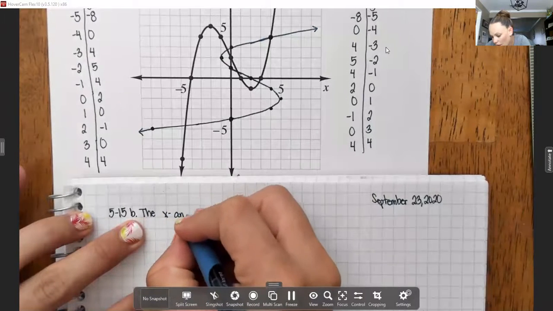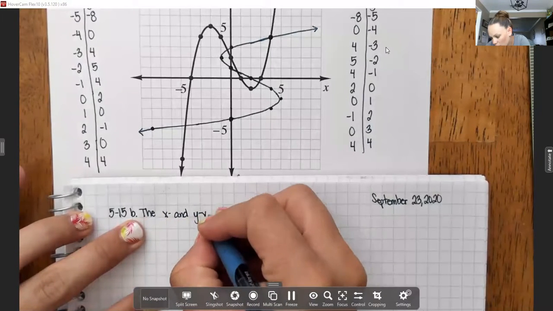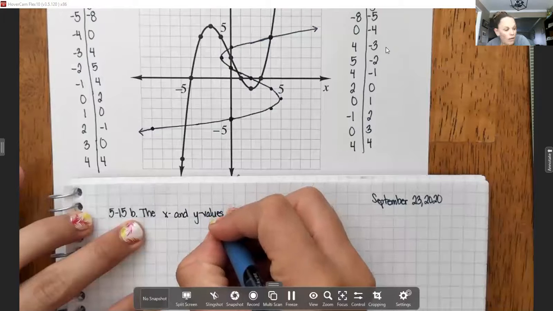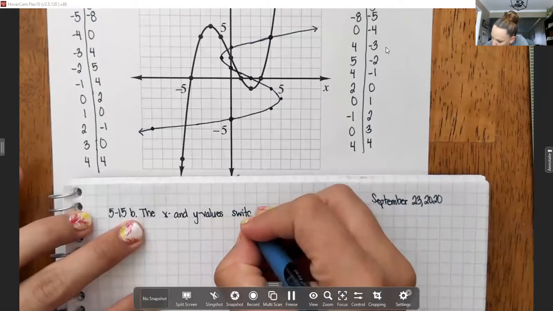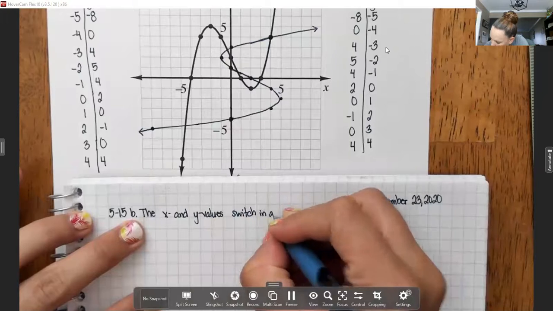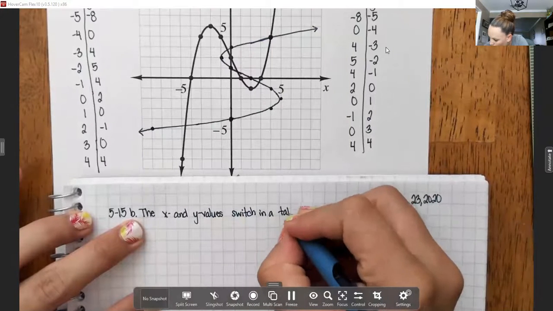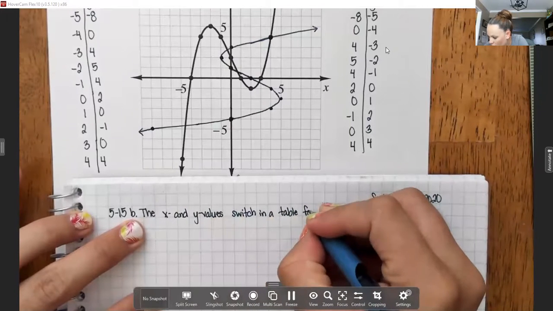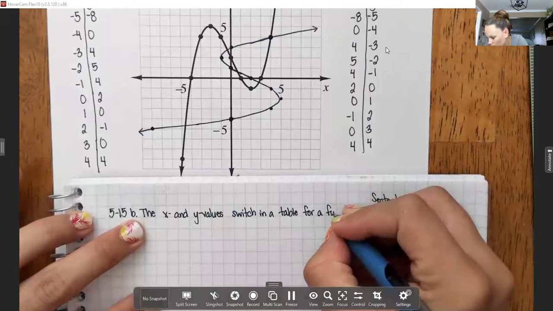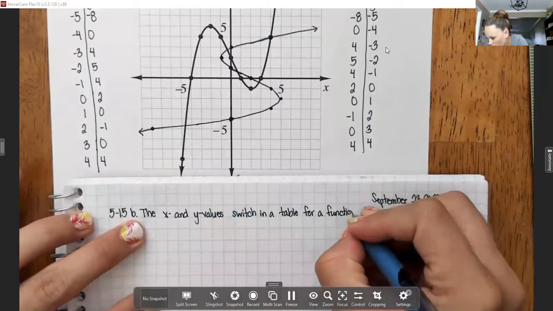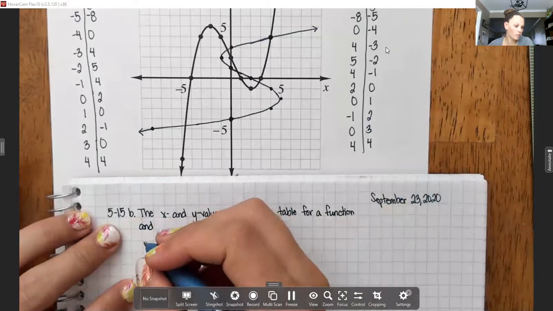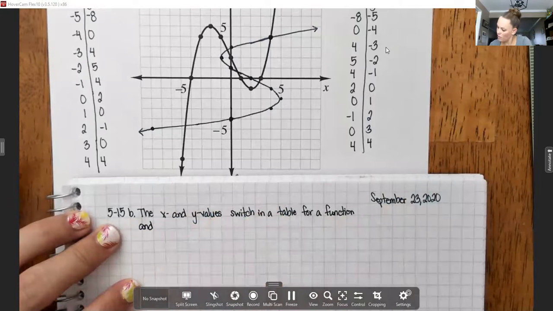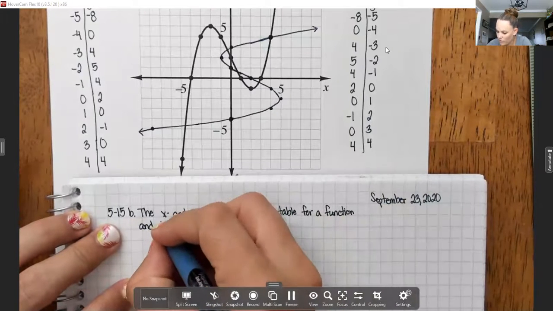The x and y values switch in a table for a function and its inverse.